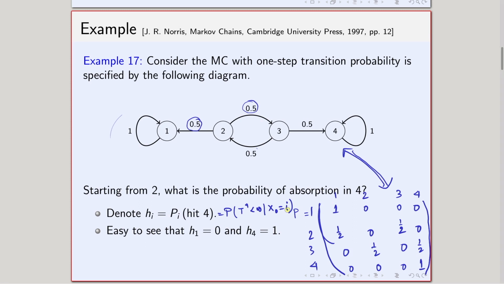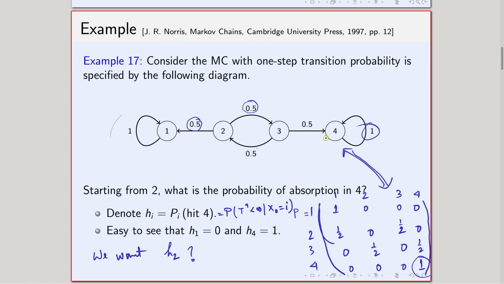In particular we want to find H2, because i equals 2 means starting from 2, what is the probability that I will reach state 4 in finite time. Once I reach state 4 I will be absorbed there and will not come out of state 4 for this Markov chain, because from 4 I can only remain in 4 with probability 1.